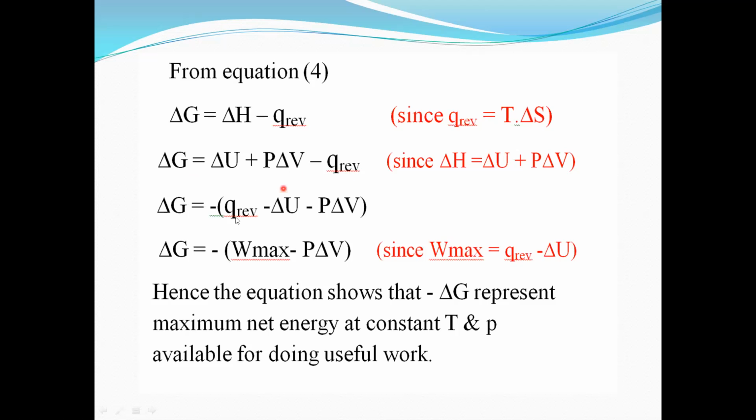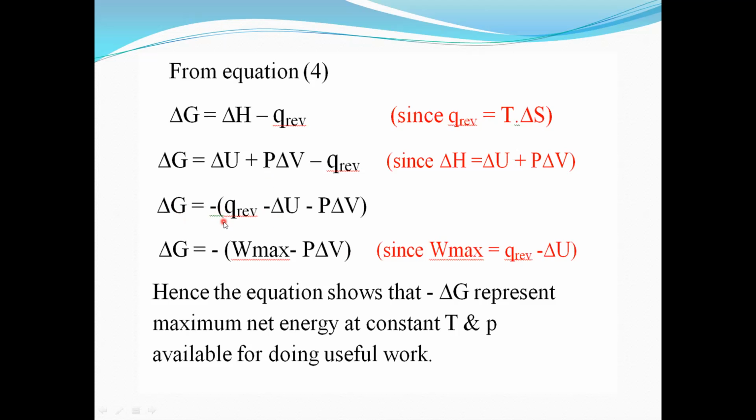Now from this take the minus sign common. What remains in the bracket: minus into minus Q reversible, because we have taken this minus common, so here it will be plus. Then plus delta U, and minus P into delta V, because here it is plus and we have taken the minus sign common.